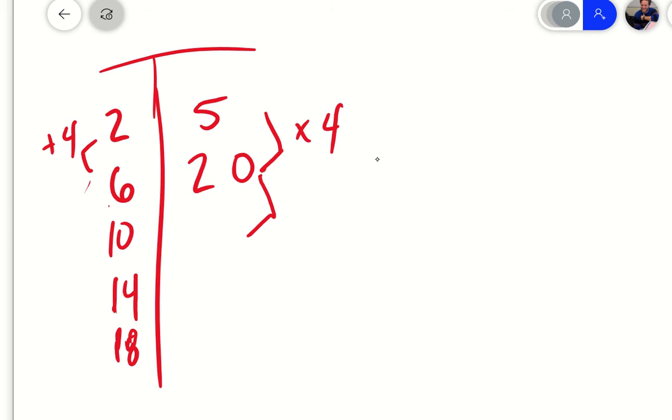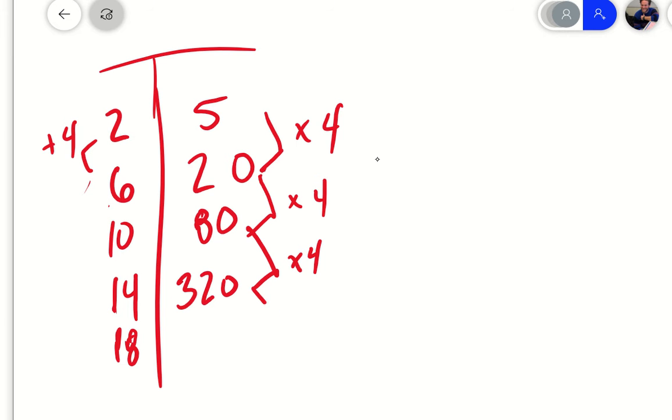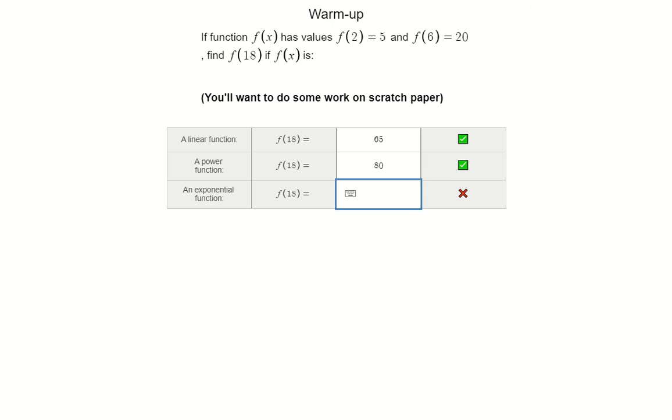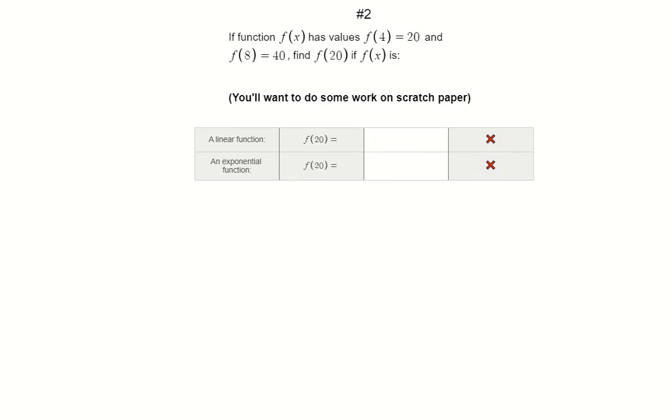So that means 80 is going to happen a lot sooner for an exponential function than it would for a power function, which makes sense. Exponential functions grow the fastest. 320 times 4, that's going to be 1280. And so that's how you do those.